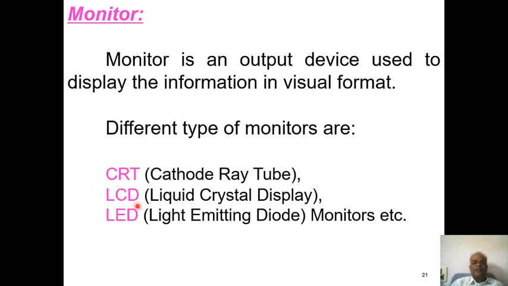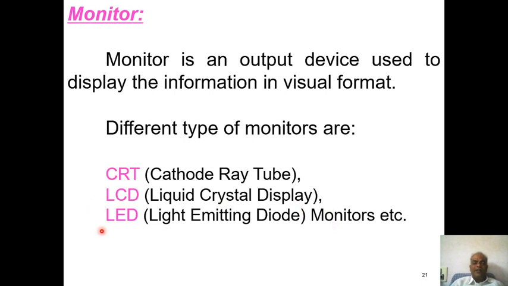Next one is LCD, that is liquid crystal display. CRT monitors are very big in size. LCD monitors are much smaller than CRT monitors. Later, another kind of technology was introduced, called LED technology, that is light emitting diode.